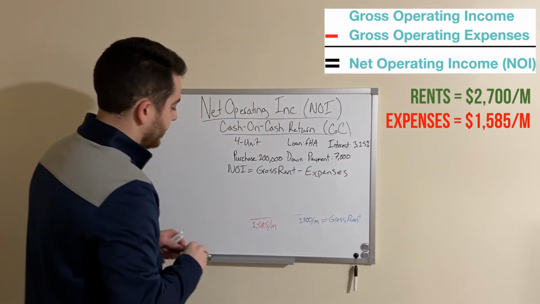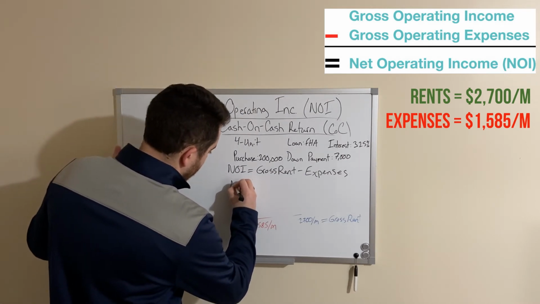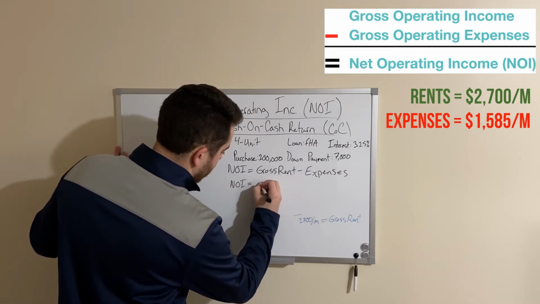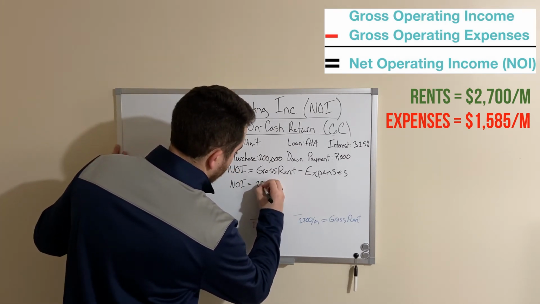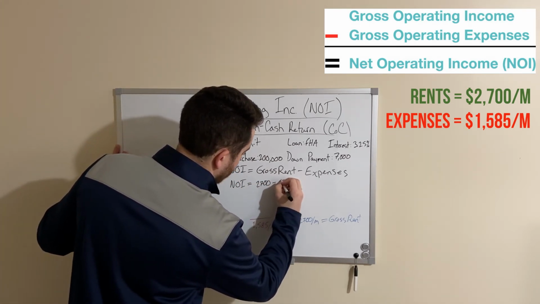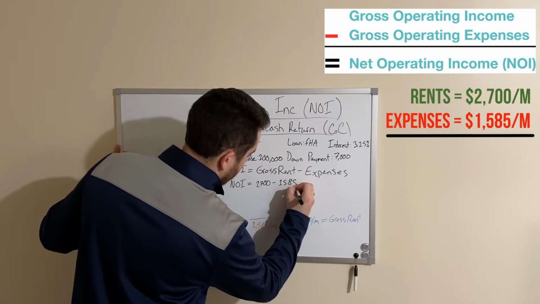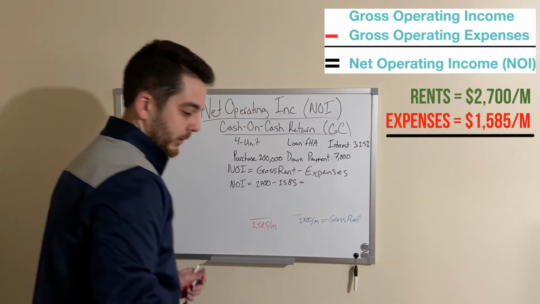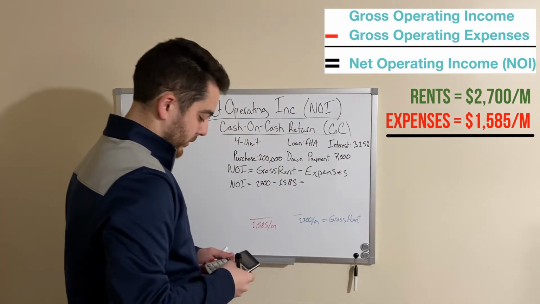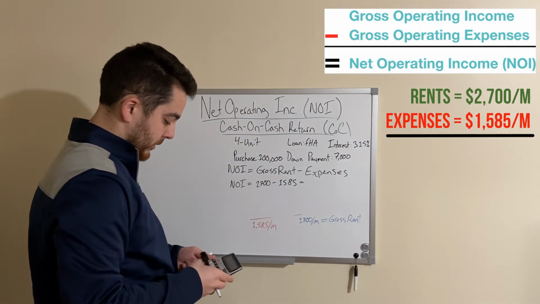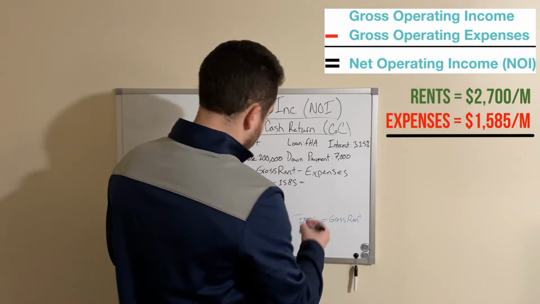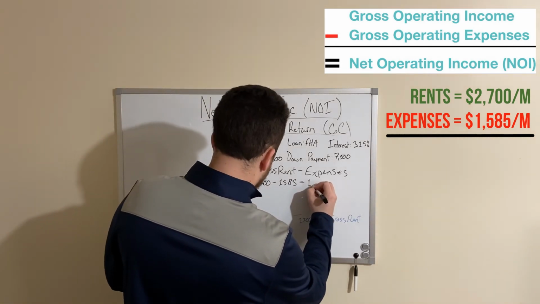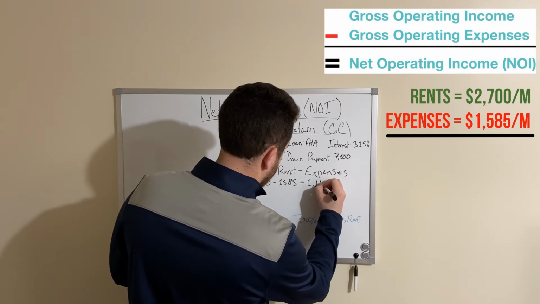It's a pretty simple one. So net operating income equals 2,700 minus 1,585, and that comes out to $1,115.